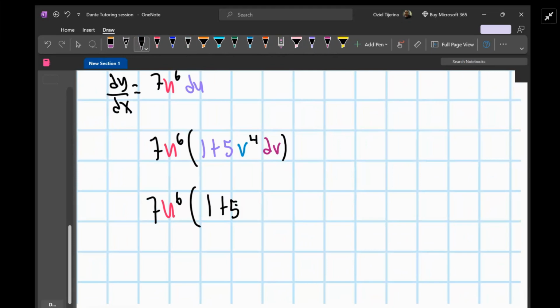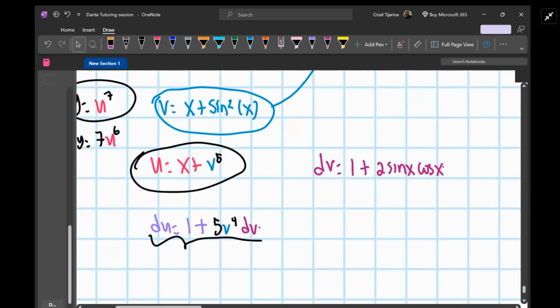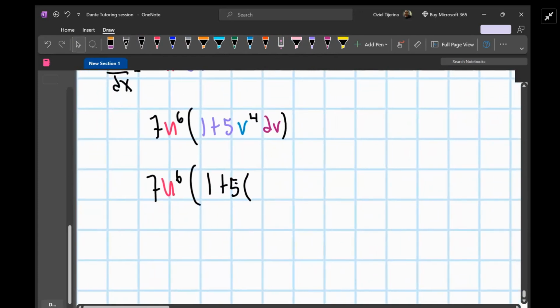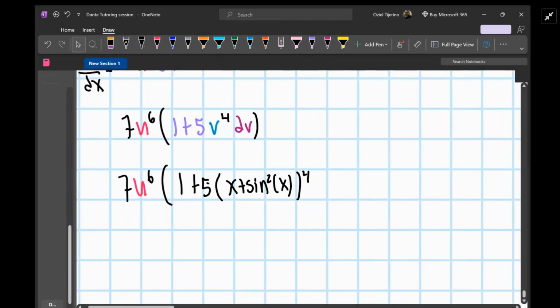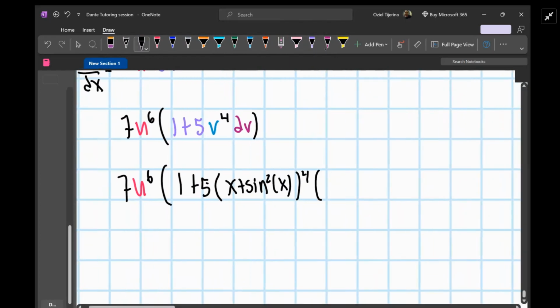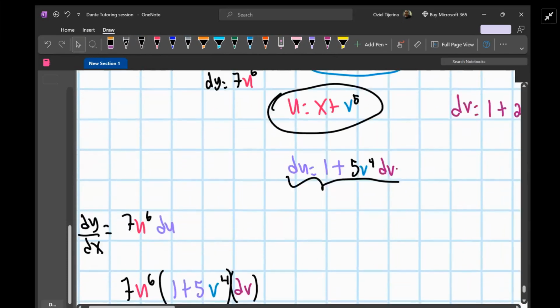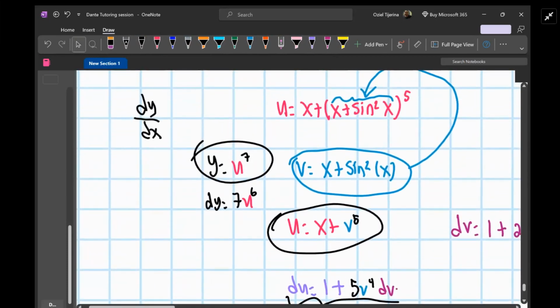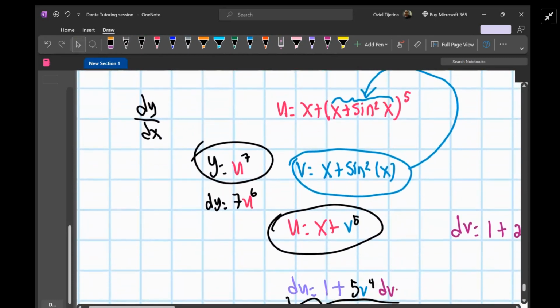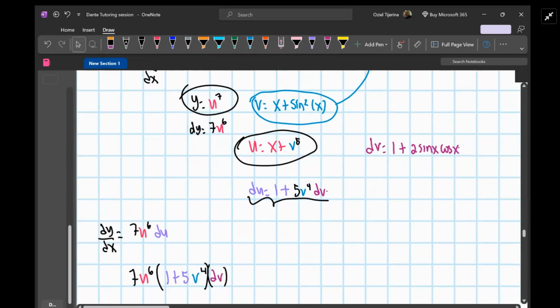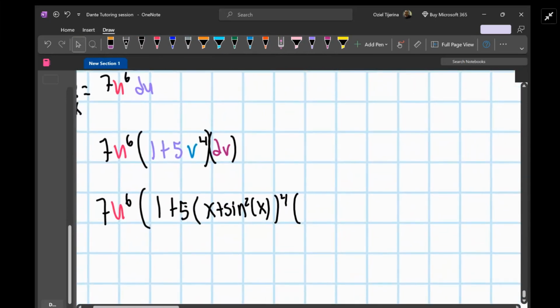So really we're going to put 1 plus 5 times x plus sine squared of x to the 4th, times the quantity dv, which was 1 plus 2 sine x cosine x. So times 1 plus 2 sine x cosine x.